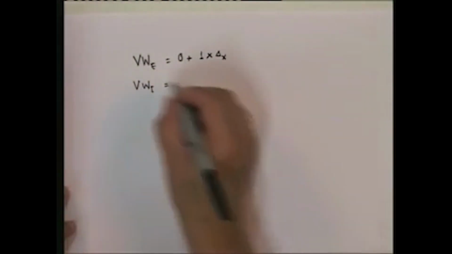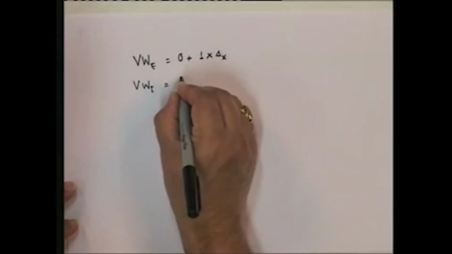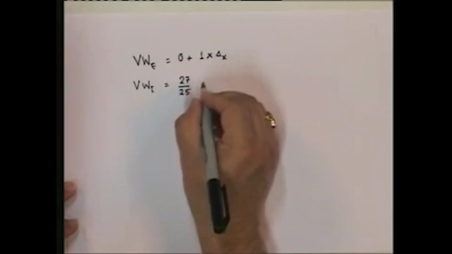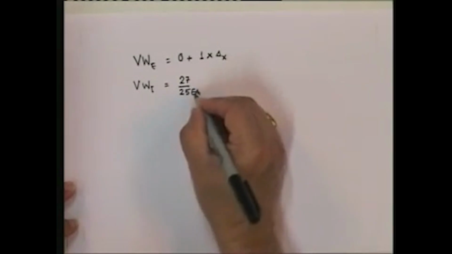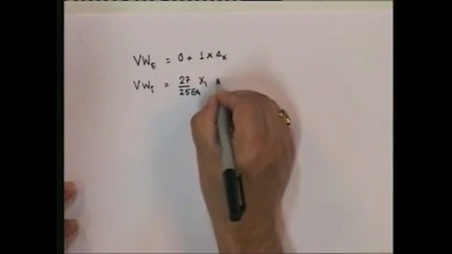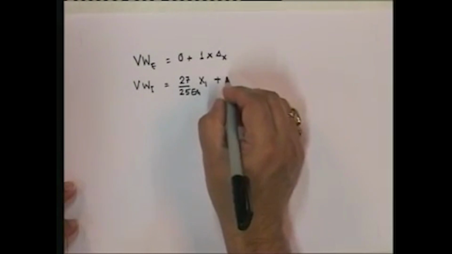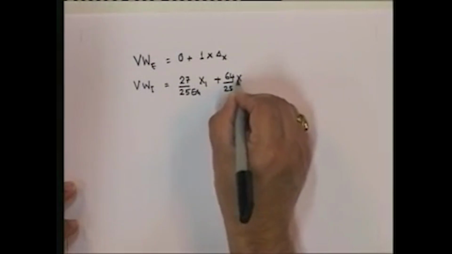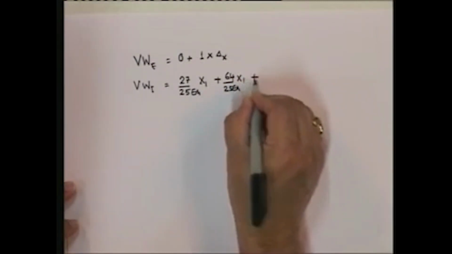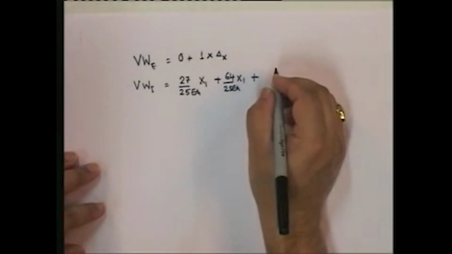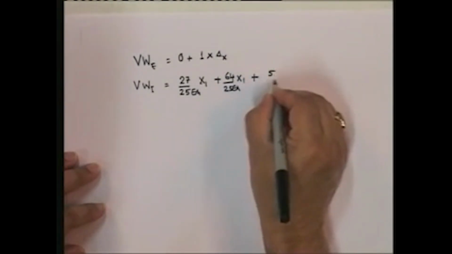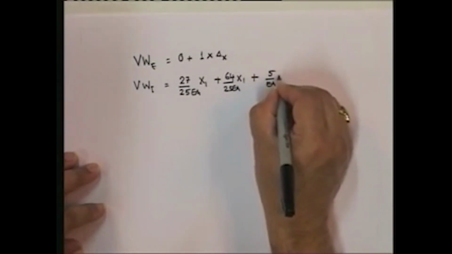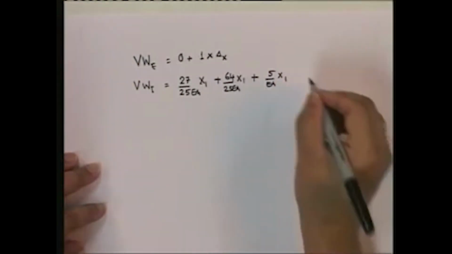So we're going to get, I'm going to do this really fast, 27 upon 25 EA x1 plus delta BC, so it's going to be 16 into 4, that's going to be 64 upon 25 EA x1 plus next one 5 EA, so it's going to be 5 upon EA x1 into 1, so that's going to be 5 into x1.